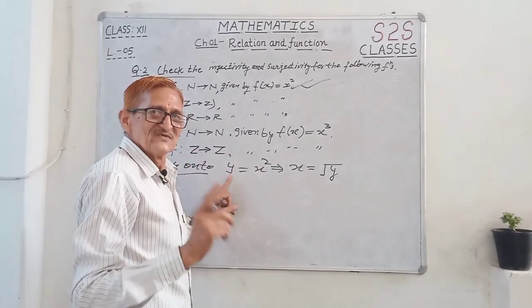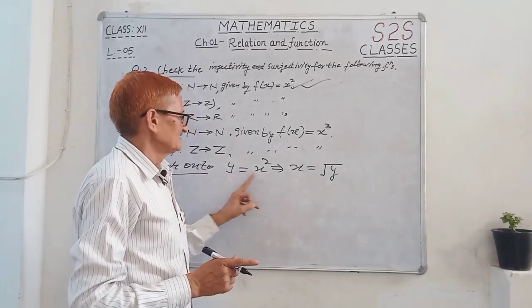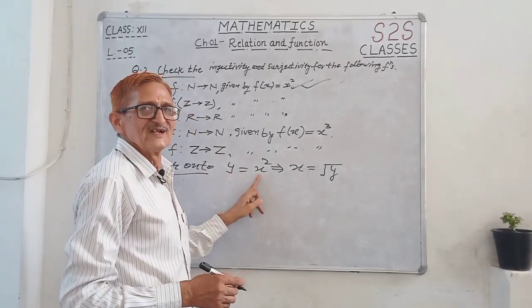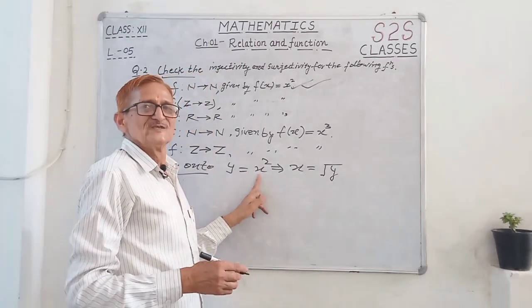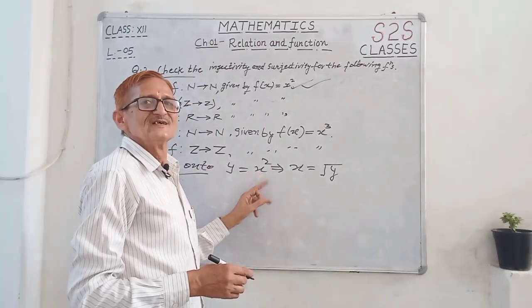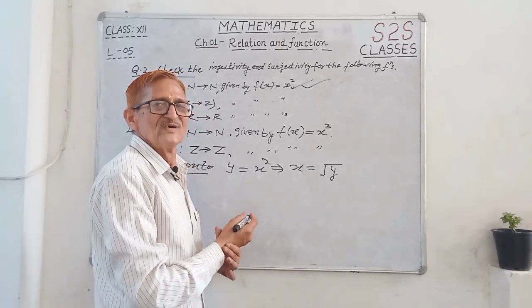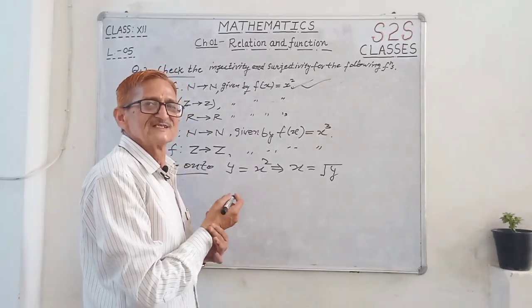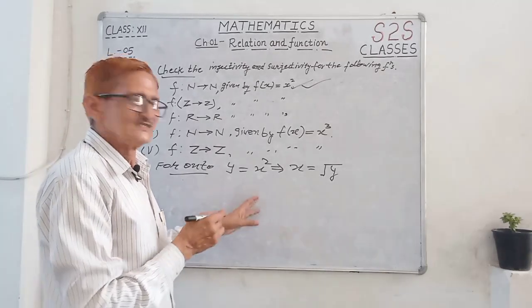integer. But in that positive integer, y is the square of integers, the square of a natural number. If 0, then 0 also.